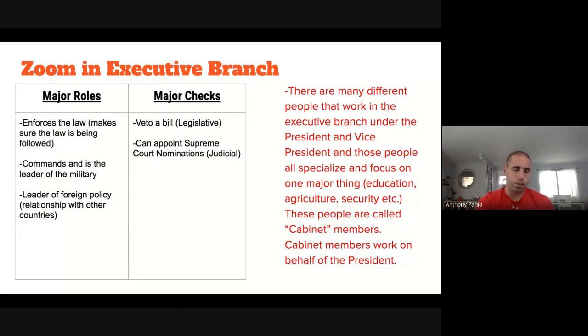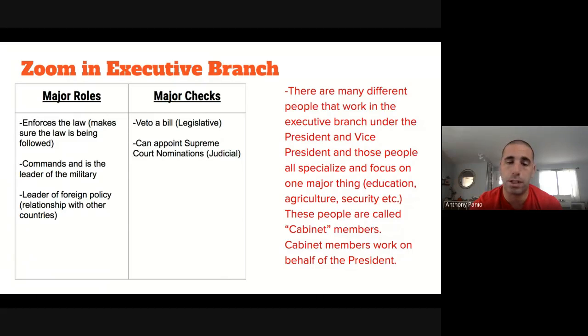All right, let's go through the major roles. The executive branch's major role is to enforce the law, to make sure the law is being followed. Let's say a law came out that said slavery is abolished. The president's job is to make sure that all the states and all of the people in the country are following the law.